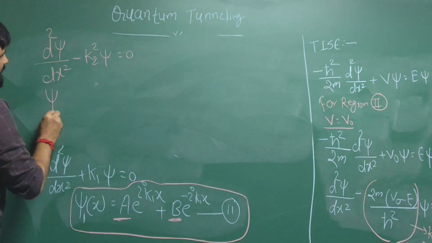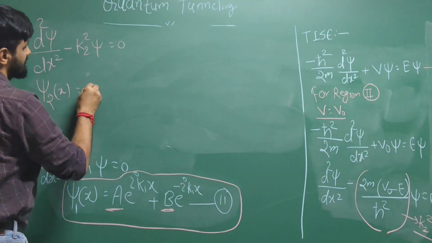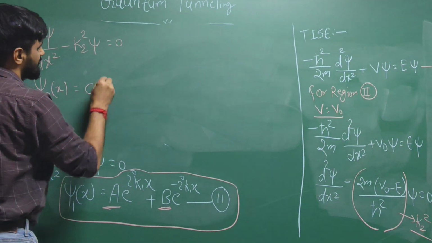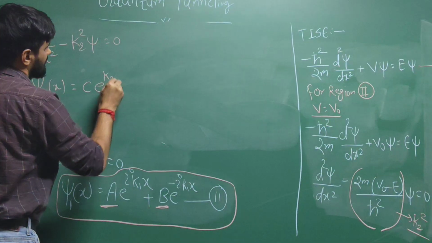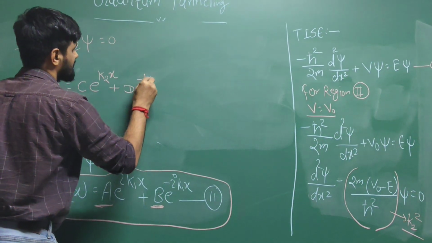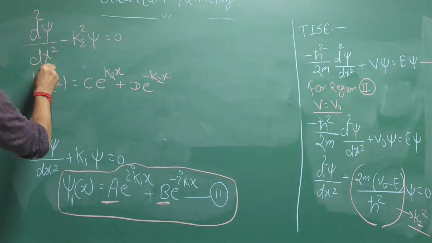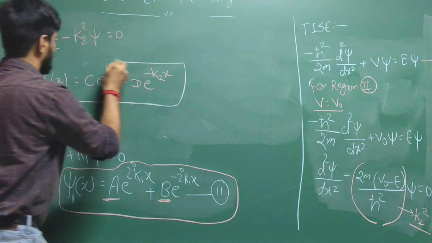So from here we will get psi 2, the wave function in the second region: psi 2 of x equals C e to the power k2x plus D e to the power minus k2x.